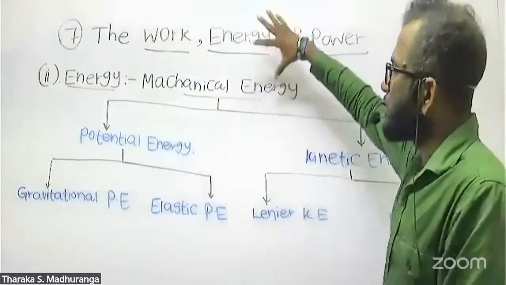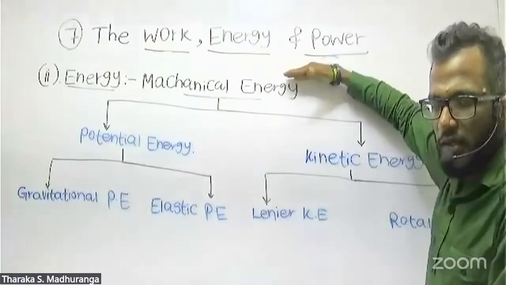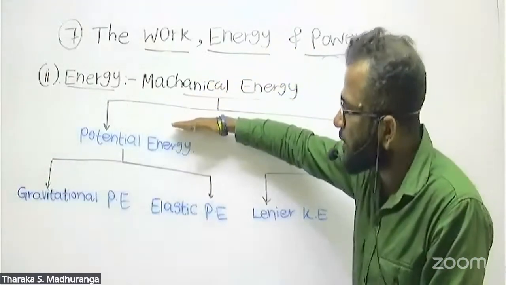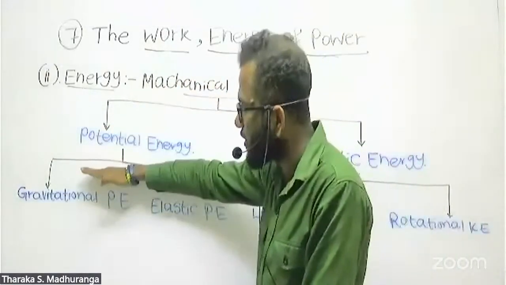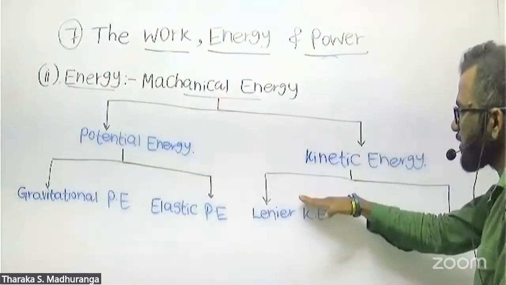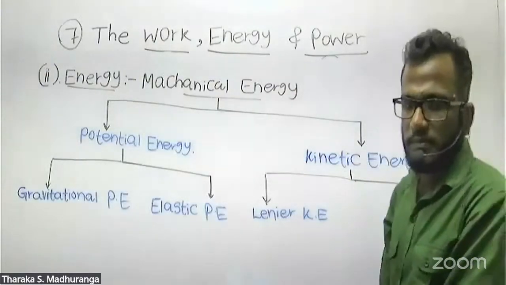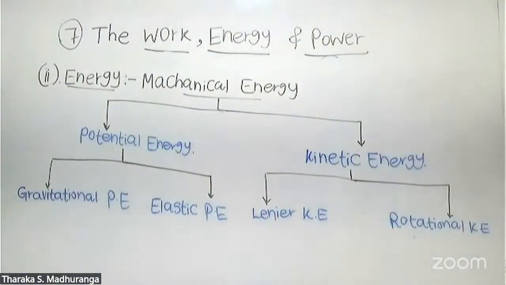Okay, write down at the top mechanical energy, then classified into two types, potential and kinetic energy. Then potential energy is classified into gravitational potential and elastic, and kinetic energy is classified into linear and rotation. You need to draw that.